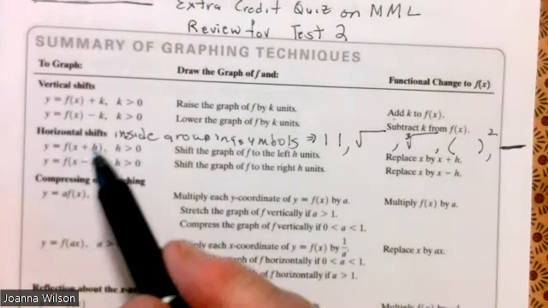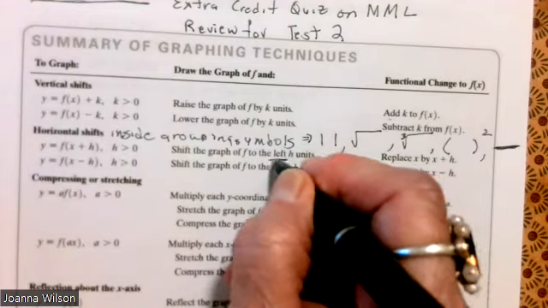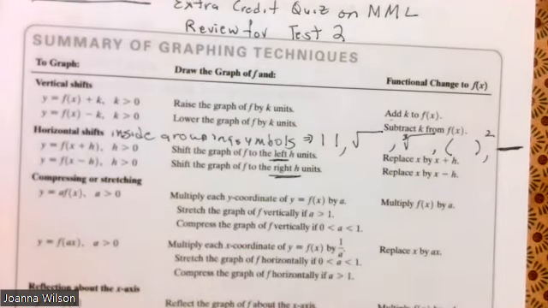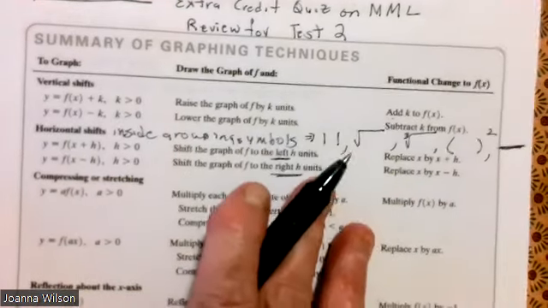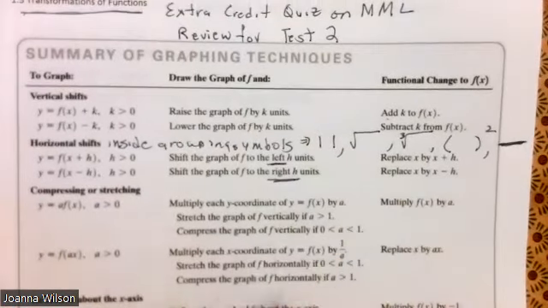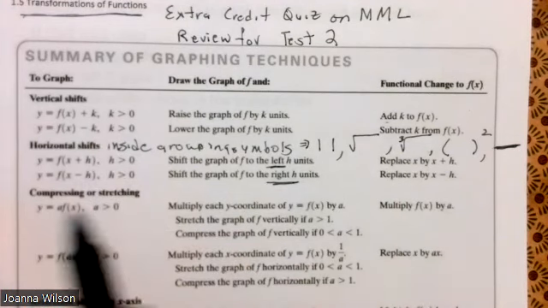But if you add a positive number inside the grouping symbol, it shifts it to the left, so in the negative direction. And if you're subtracting, it shifts it to the right. And I went over an explanation of that in the lecture, I believe, looking at a table of values and everything. So you just need to remember this.